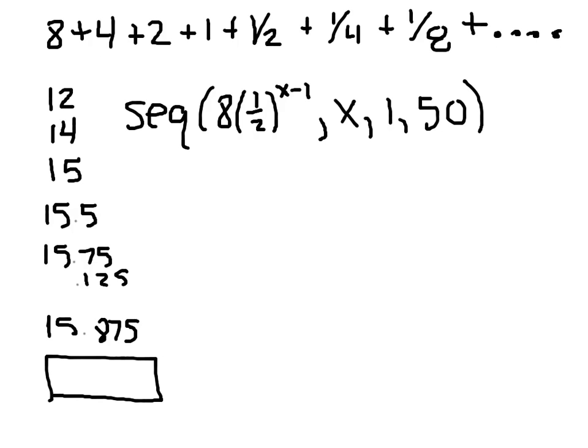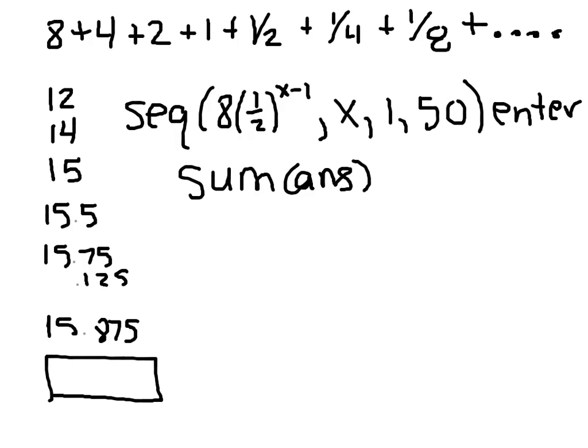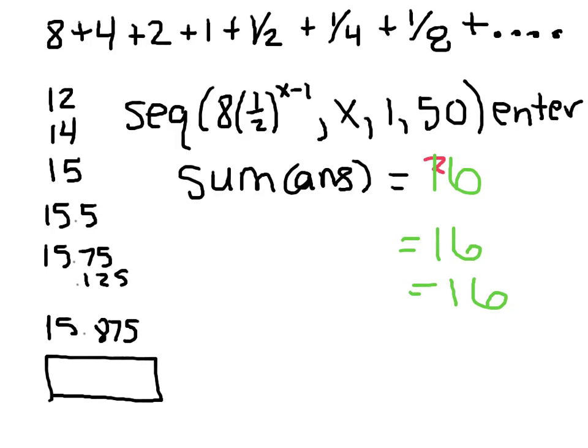And if you remember, we talked about hitting enter here and then finding the sum of the answer. Take a moment to do that. And I get the answer on my calculator as 16. And if I add up the first 100 terms, I still get an answer of 16. And if I add up the first 1,000 terms, I still get an answer of 16, because what happens is this graph is approaching an asymptote of 16.